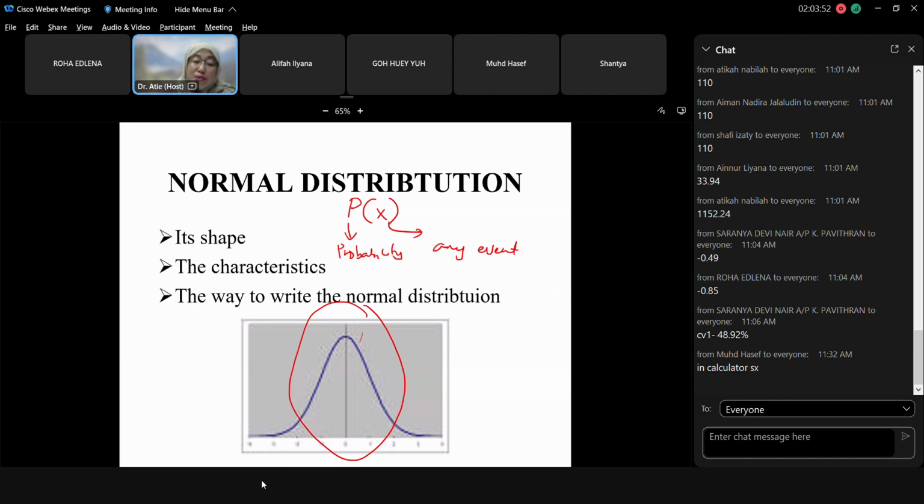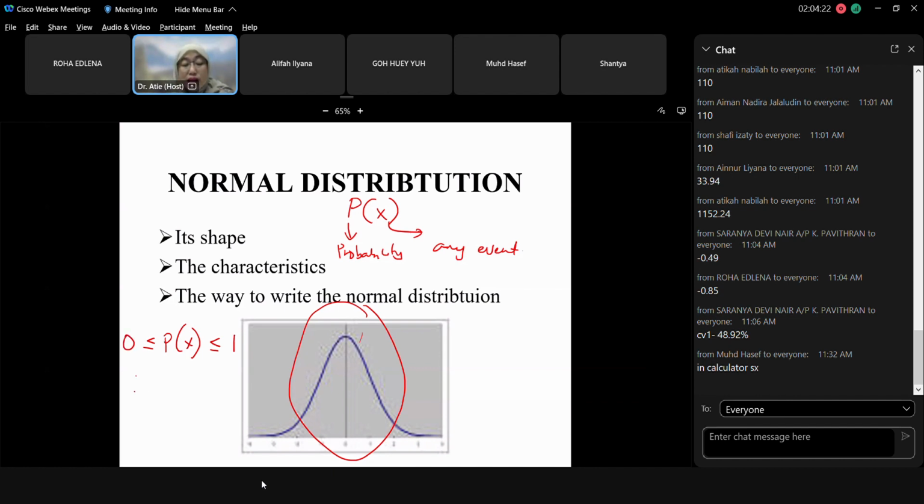So actually probability is being used by us almost every day. It's just that we don't call it probability, but we often call it maybe atau mungkin. Okay. So for example, probability P(x), the measurement or the value of probability should be between 0 and 1.